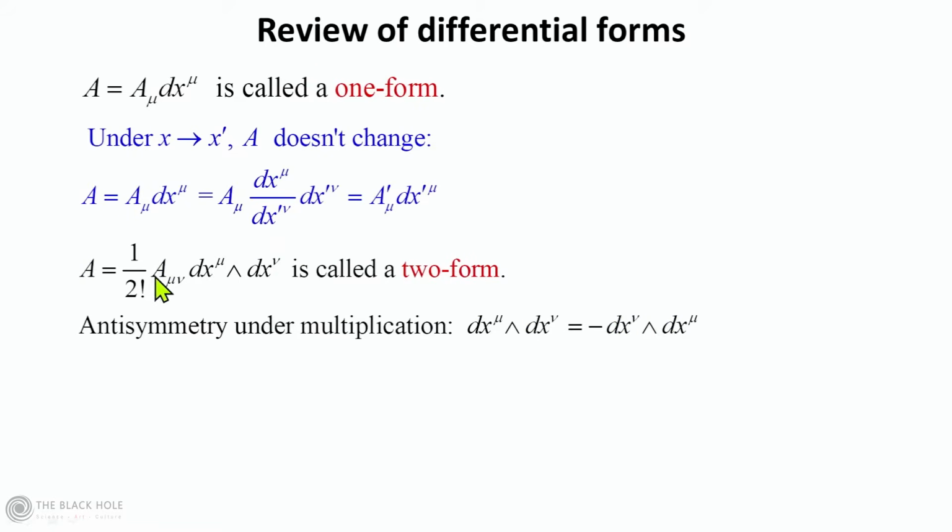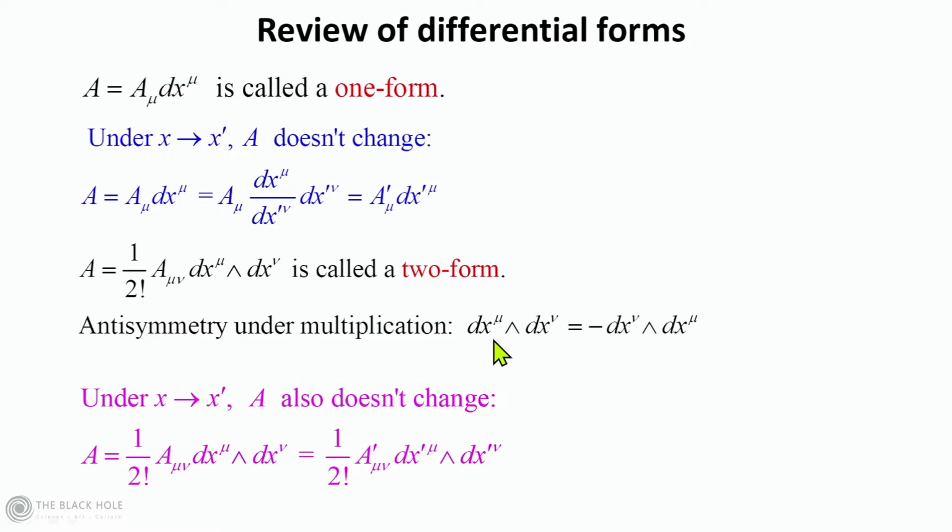Similarly, there's a two form, which is a one form wedge with another one form. And we can make three forms, any number of forms, up till 4 in 4 dimensions. Now, these are antisymmetric under multiplication. So this is the rule by which forms are multiplied together.